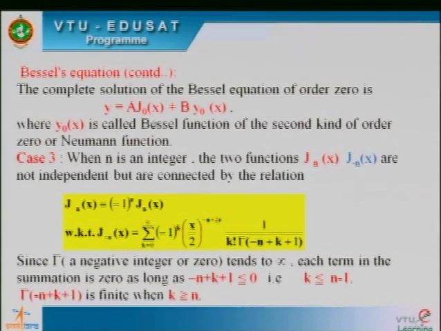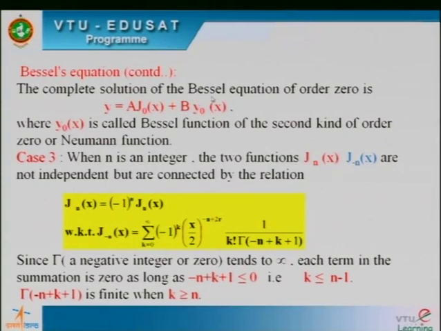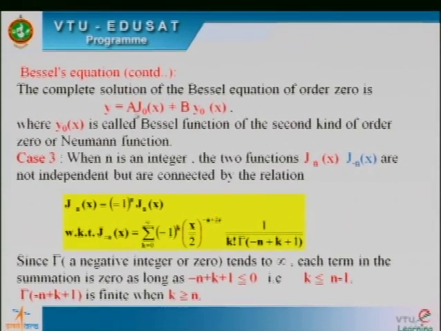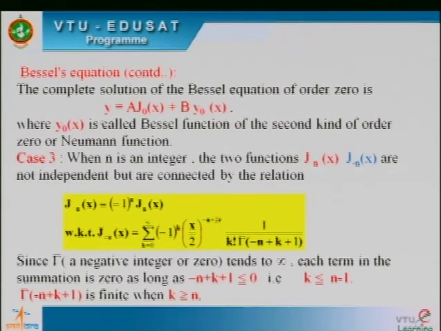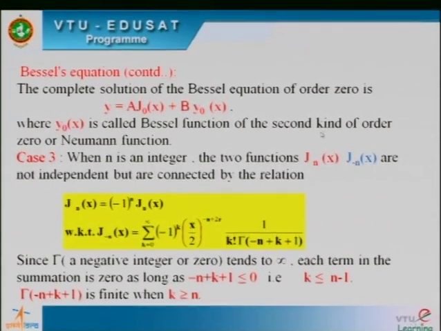So the complete solution of the Bessel equation of order 0 can be written as y equal to a into J_0(x) plus b into Y_0(x). Here Y_0(x) is called the Bessel function of the second kind of order 0, or sometimes we may call it a Neumann function.